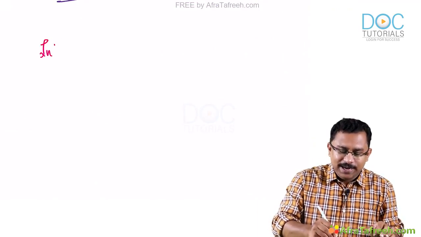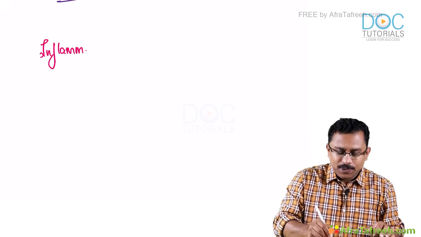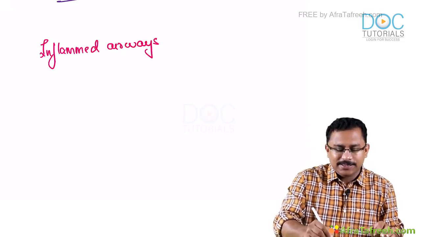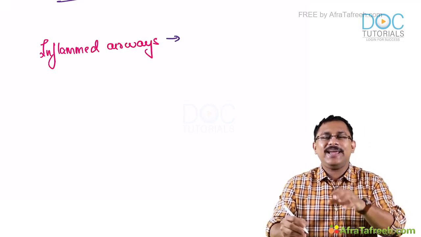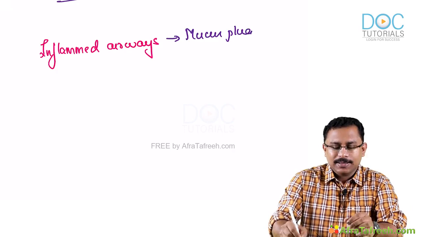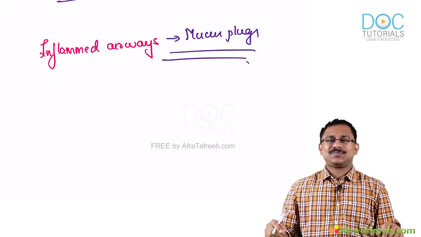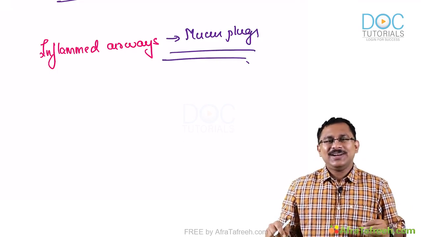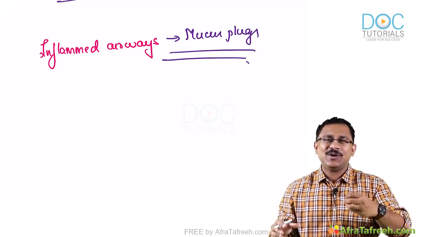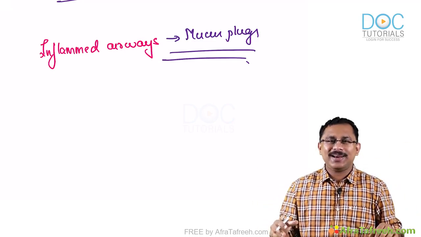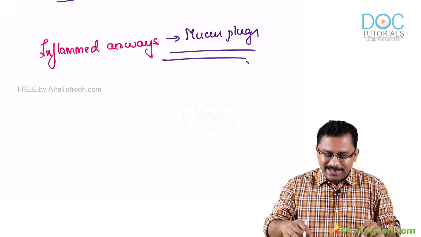In the inflamed airways, because this is chronic bronchitis, this is inflammation, you are seeing mucus plugs. So that is what happens in chronic bronchitis. Do you see how different it is from emphysema? Though it falls under the COPD umbrella, you see how this domain is slightly different.